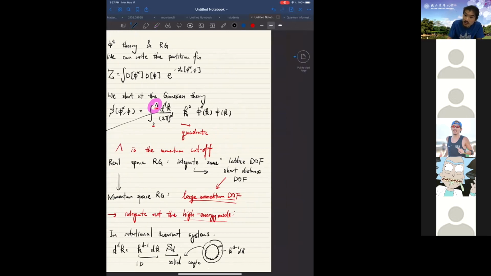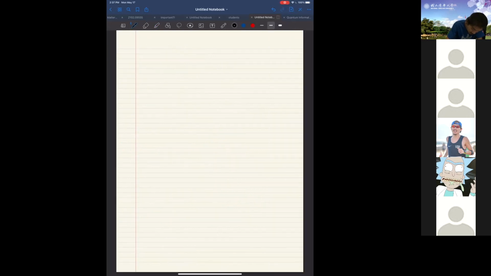Okay, so far so good. The solid angle in d dimension can be expressed in terms of 2 pi to the d over 2. So now we have simplified the integral, considering a rotational invariant system.